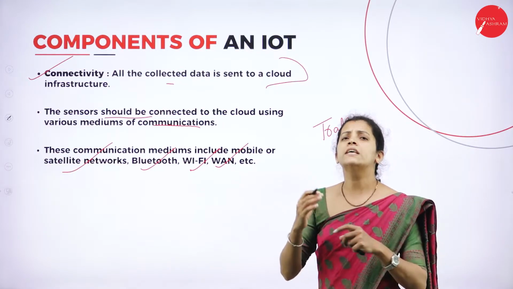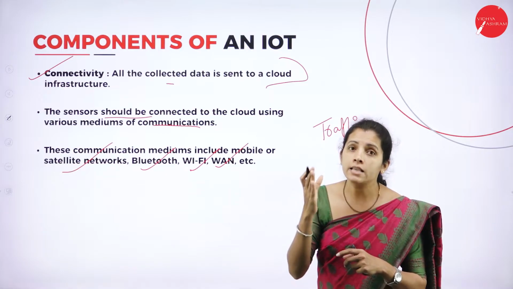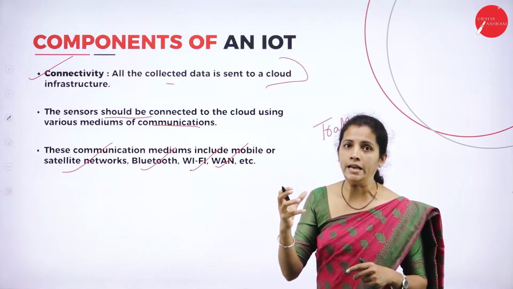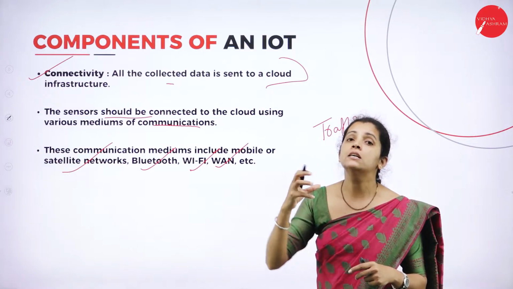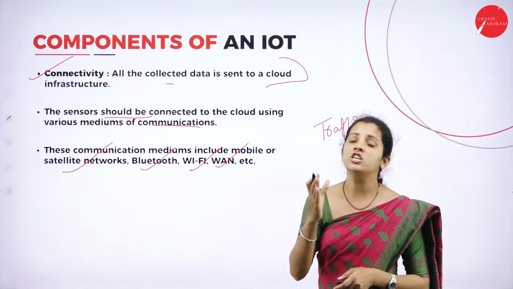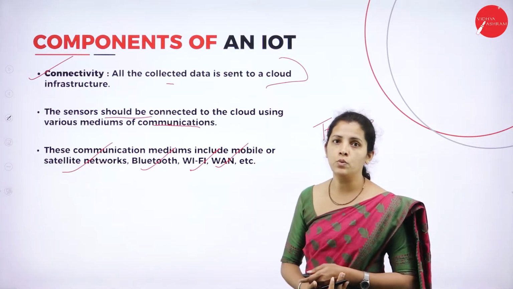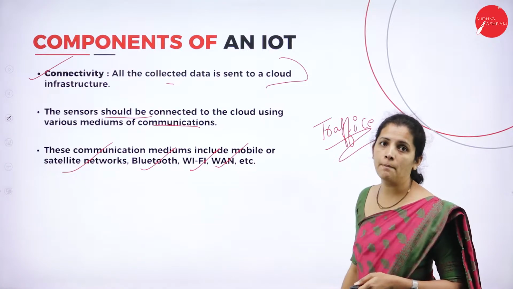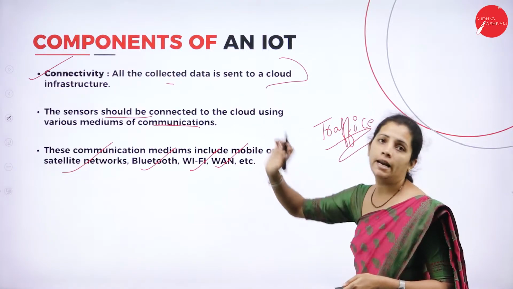If any accident happens, then within a fraction of a second the information is sent to the hospital as well as the police station because of IoT. So this is also one of the best examples of connectivity.